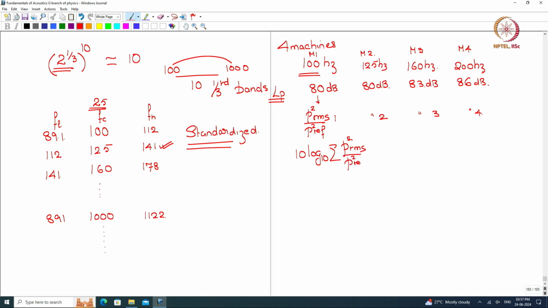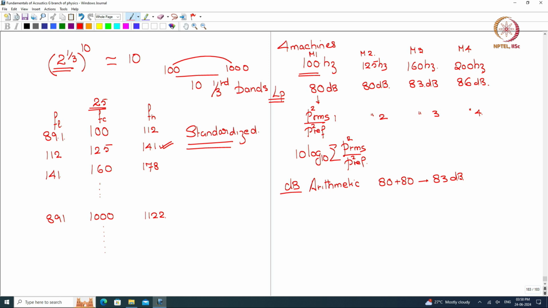I could do that, or I can resort to dB arithmetic. If you add 80 plus 80, it is going to be 83 dB.